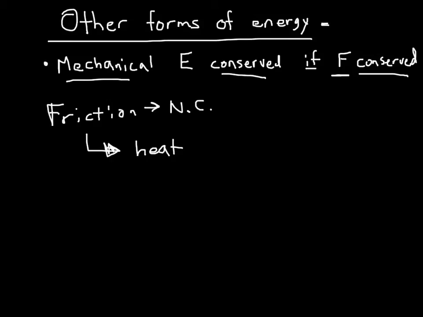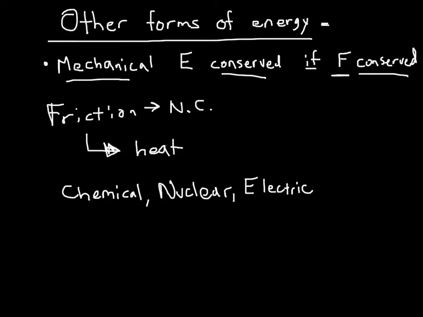So this gives us different forms of energy that we can convert between. We can convert between chemical energy, nuclear energy, electrical energy, and magnetic energy.